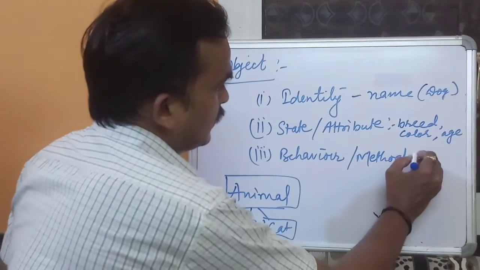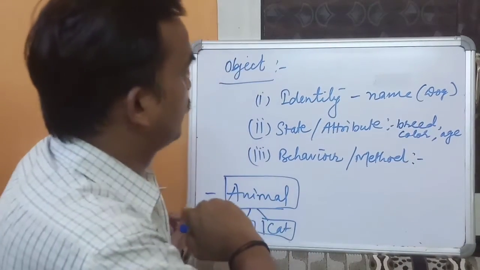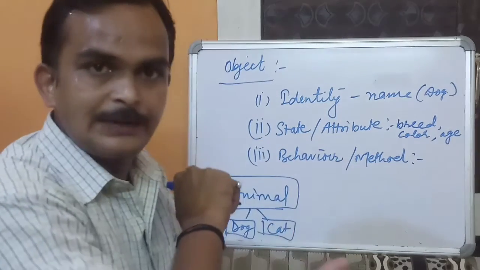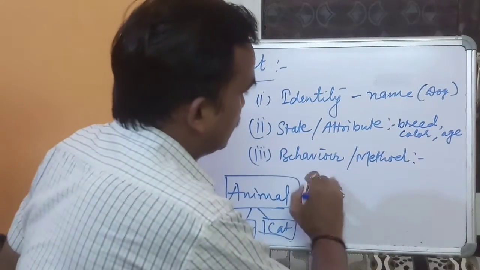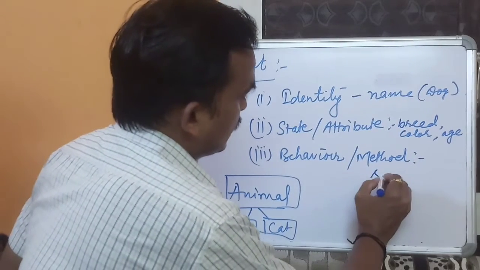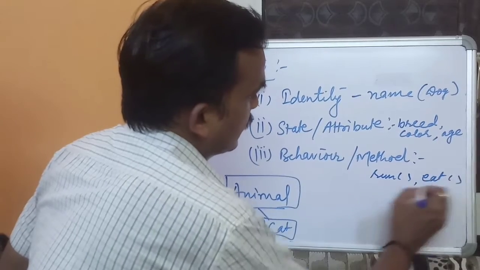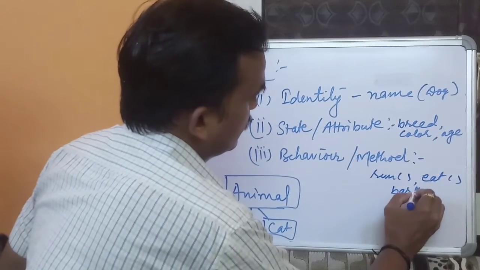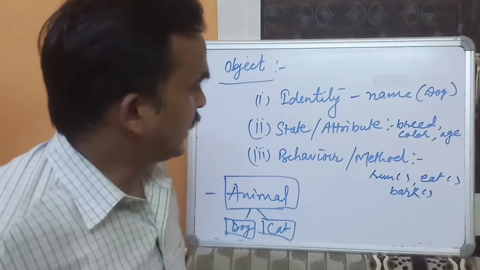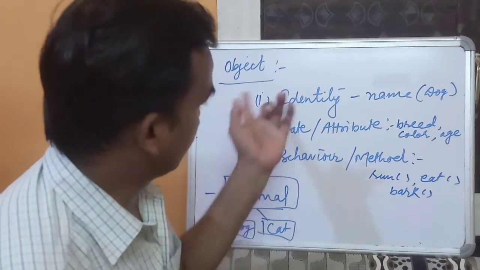Behavior or method means the activities, the actions the object performs. The object can run, eat, bark, and all kinds of methods which can be easily done by an object.